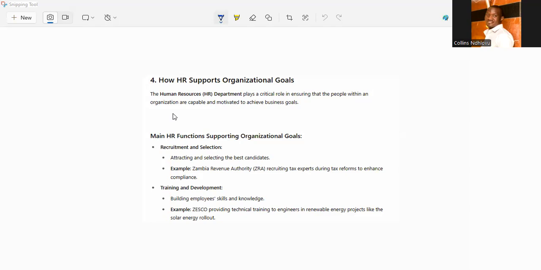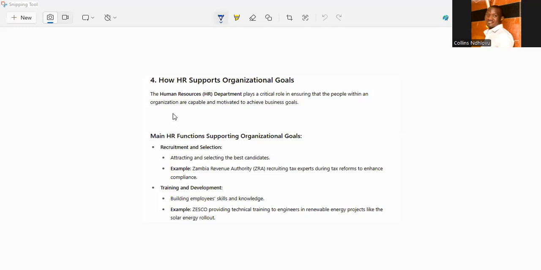So HR is one of the important departments for every organization, at the heart of success, because it ensures that the right people with the right skills are motivated. So HR practices are directly linked to execution and success. So without effective HR, most of the well-designed strategies can fail.